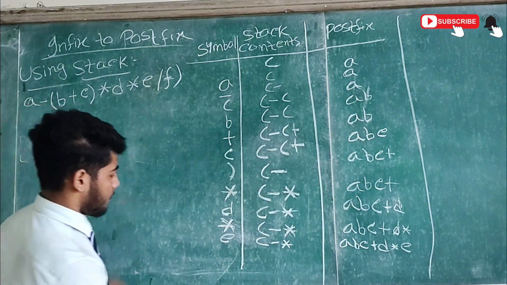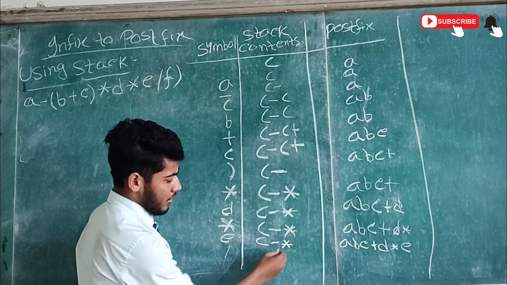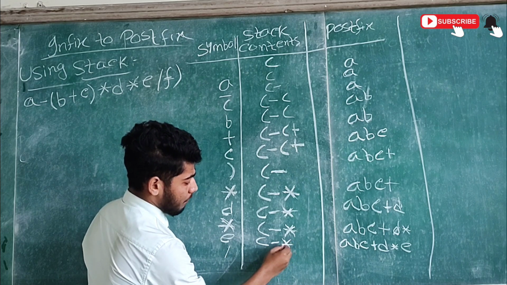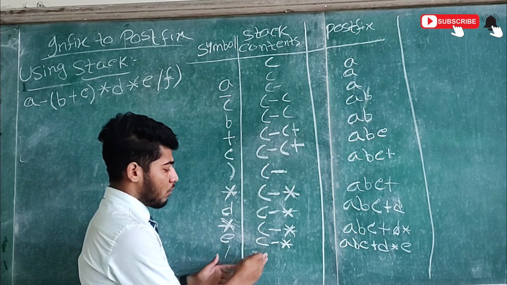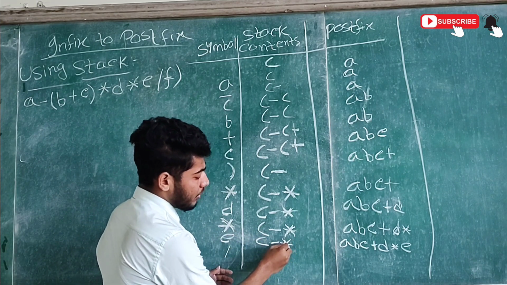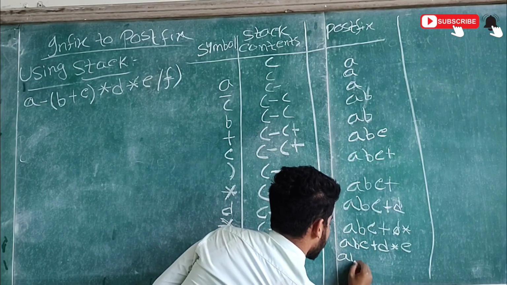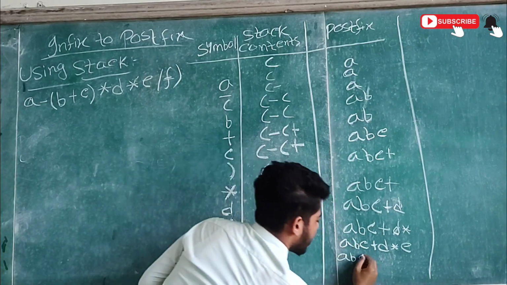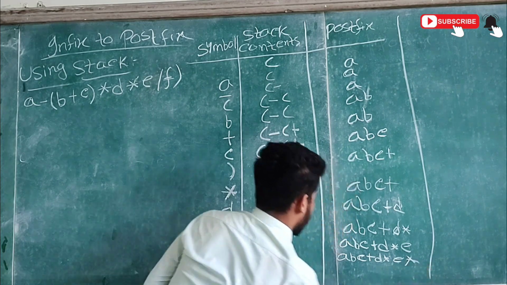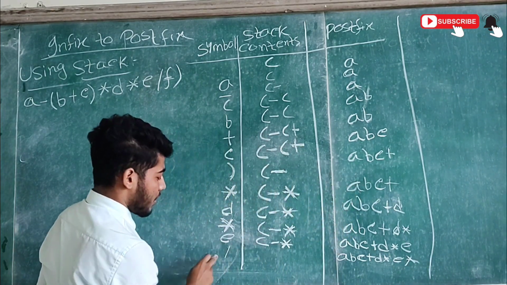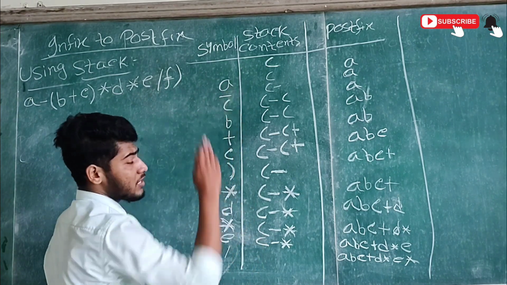Next symbol is divide. So check the precedence. Whose precedence is higher, multiply or divide? Both precedences are the same, equal. So if they are equal, then pop the top operator from the stack and add it to the array postfix. So this multiply comes here, and this scanned operator will be pushed to the stack.